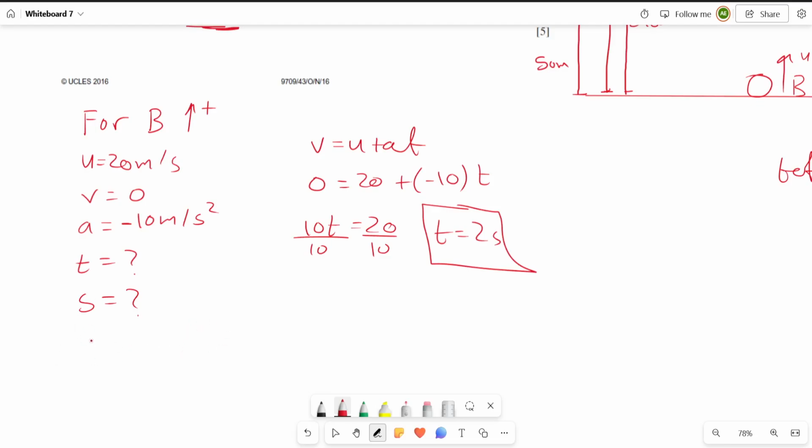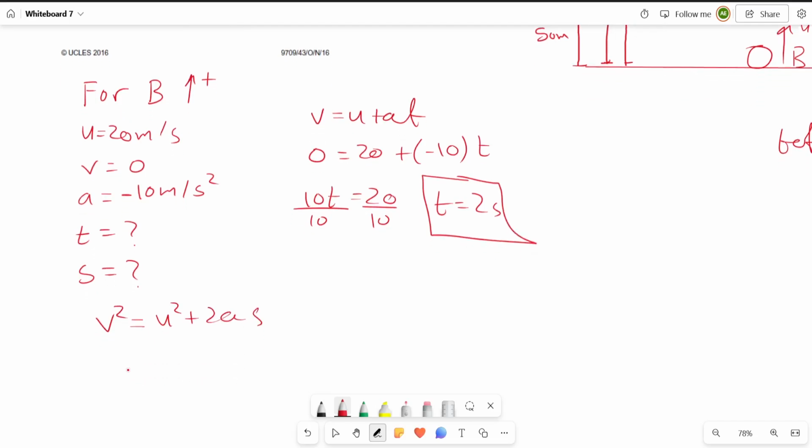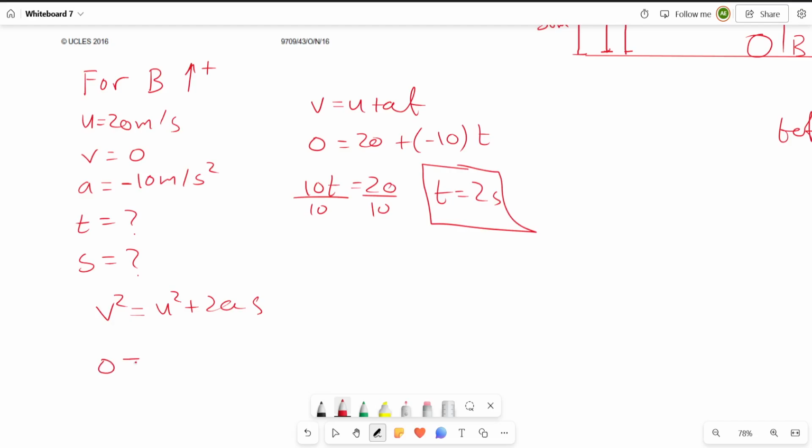So the equation that does not include time is v squared equals u squared plus 2as. So v squared is 0, equals u squared, 20 squared, plus 2 multiplied by negative 10 multiplied by s. Over here, 2 times negative 10 is negative 20. Move that to the other side, it becomes 20s equals 20 squared. I can divide by 20 here, so s equals 20 meters.